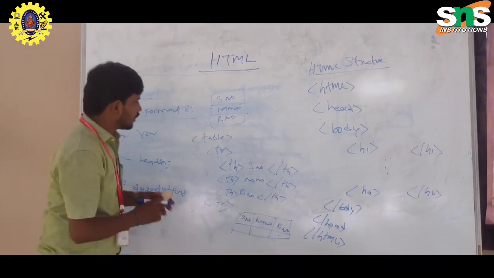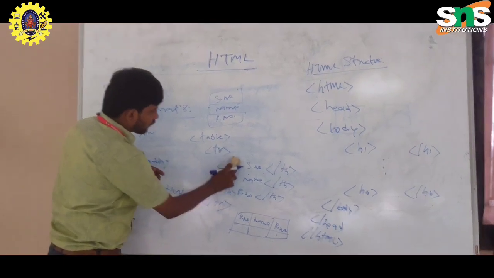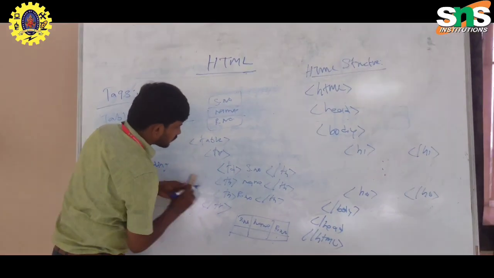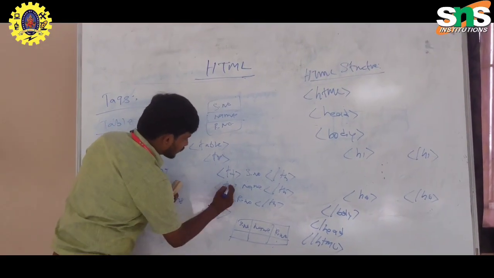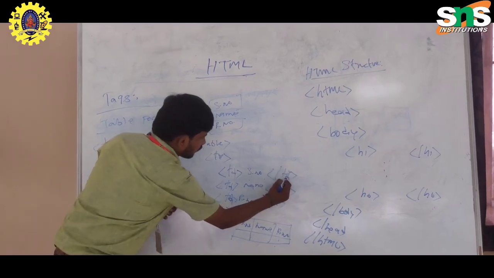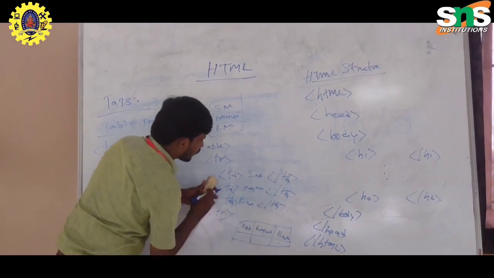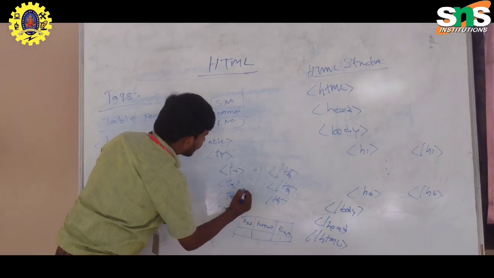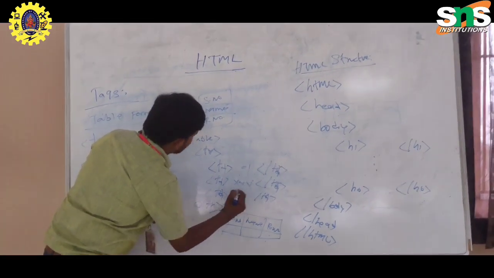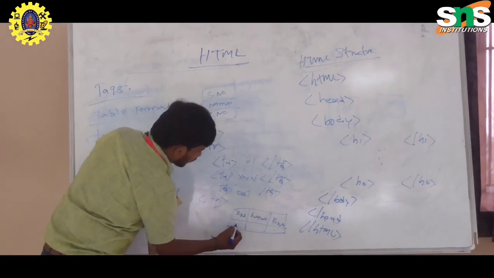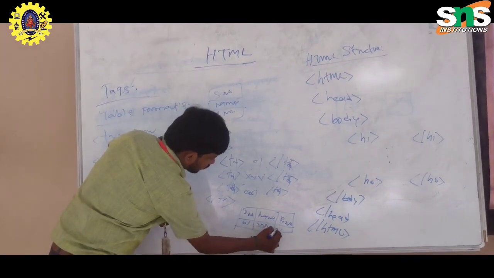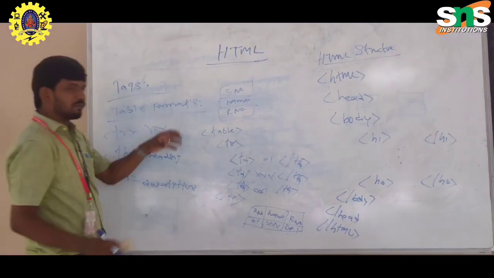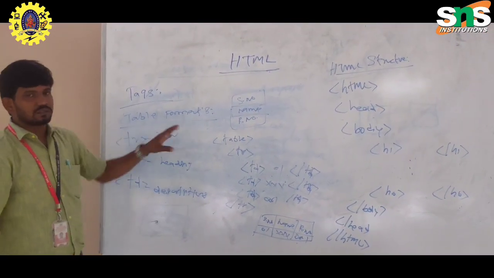Instead of TH we use TD, which means the description. Here we don't need headings, we need the values: serial number 1, name xxx, register number 001. The values are printed here. This is the main difference between the table formats. That's all.